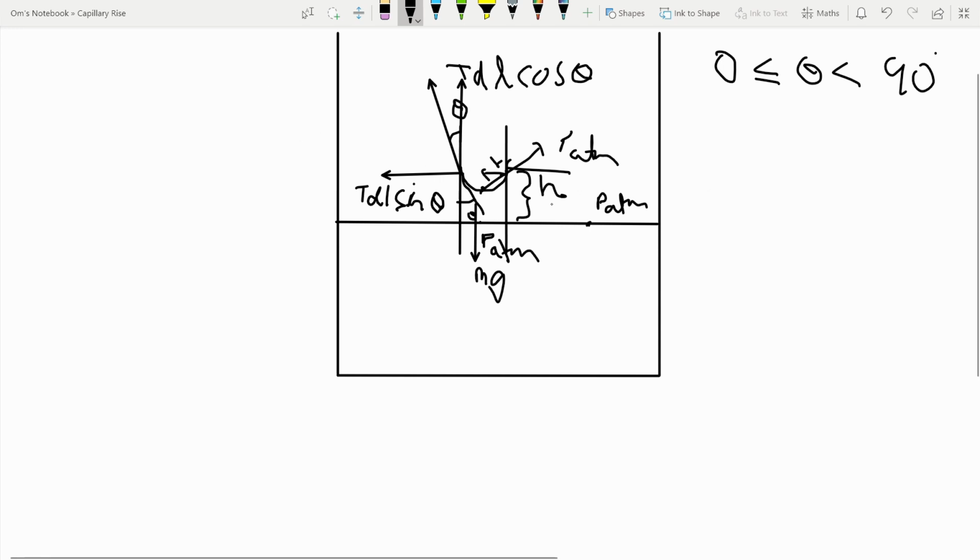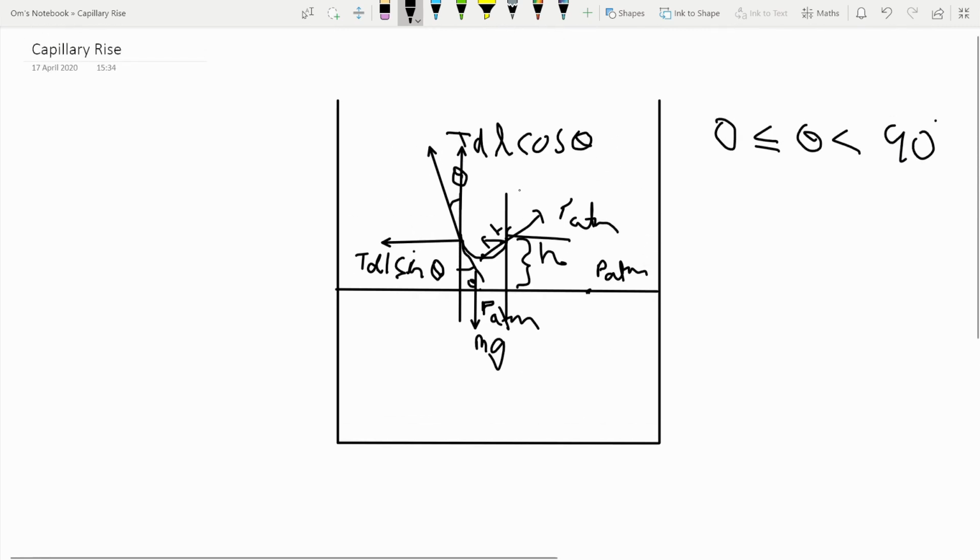Now we'll try to derive the value of the height h that this fluid rises to. First, we'll evaluate the total force that acts on all surface molecules. If you can imagine it, it's a ring, a circle that this edge forms. This shape that is formed here is called the meniscus, and it goes all around the capillary tube.